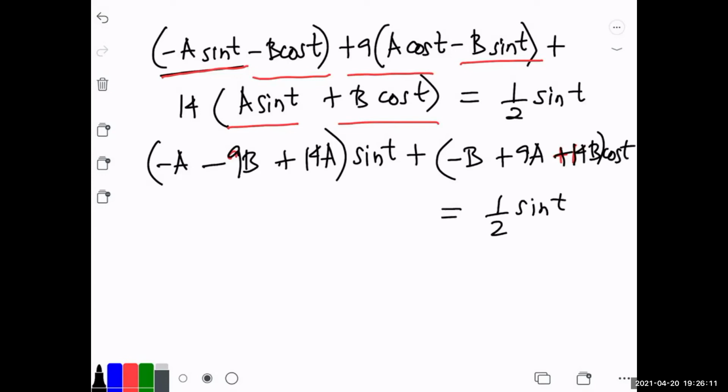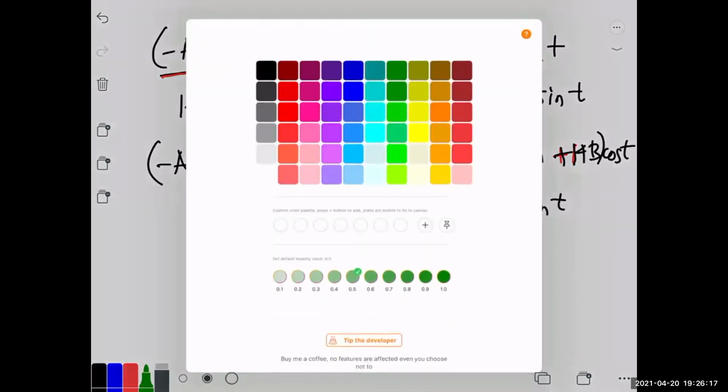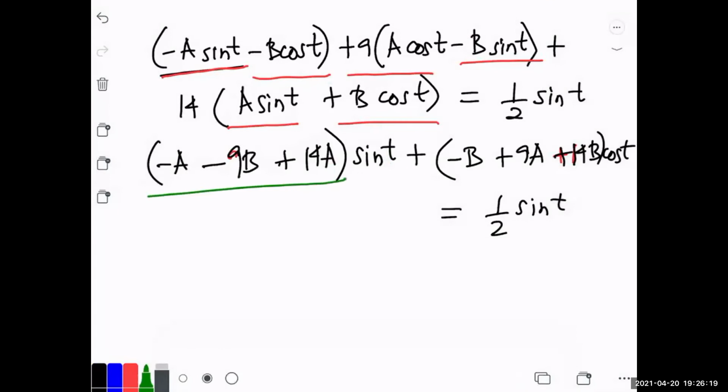So equating coefficients, we will see that this part here is equal to 1 half, right? Because the coefficient of sine t would be equal. So let's equate it. So negative a minus 9b plus 14a equals 1 half.